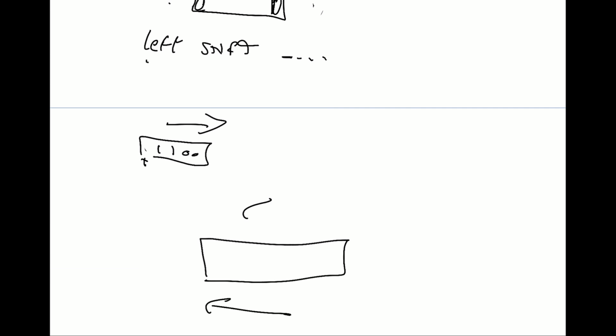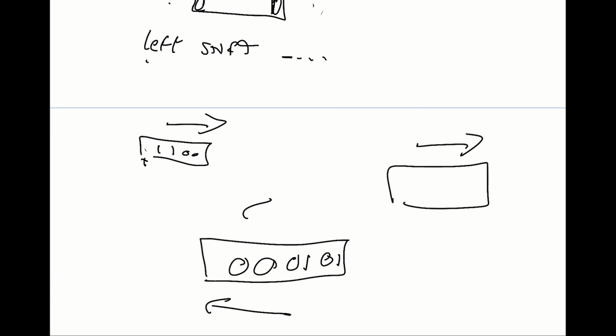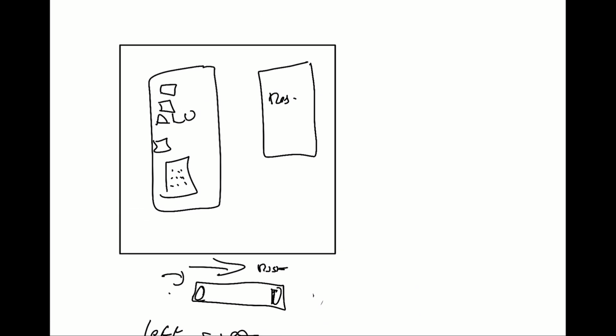So if you're doing a rotation shift this way and the number you're looking at is like that, rather than throwing away the 1, you just go ahead and put it over here. And vice versa, if you're doing it in the other direction this way, let's say this is what we're looking at, what you do is you basically take this bit and then just put it over here. Okay? So that's our quick shifting review.